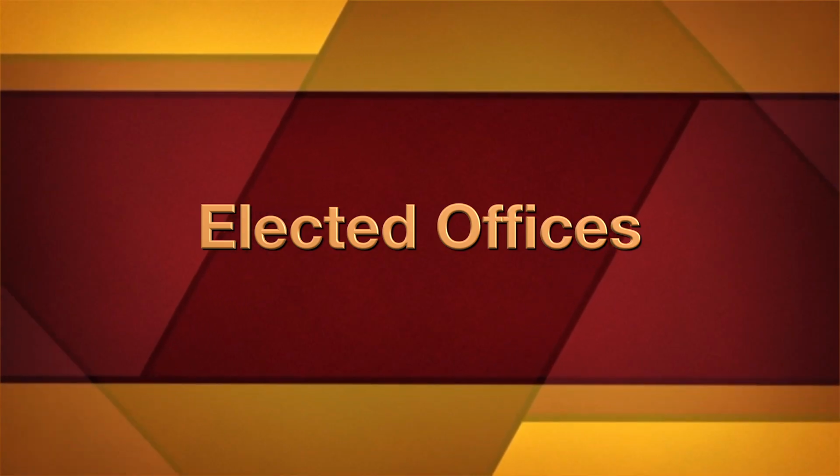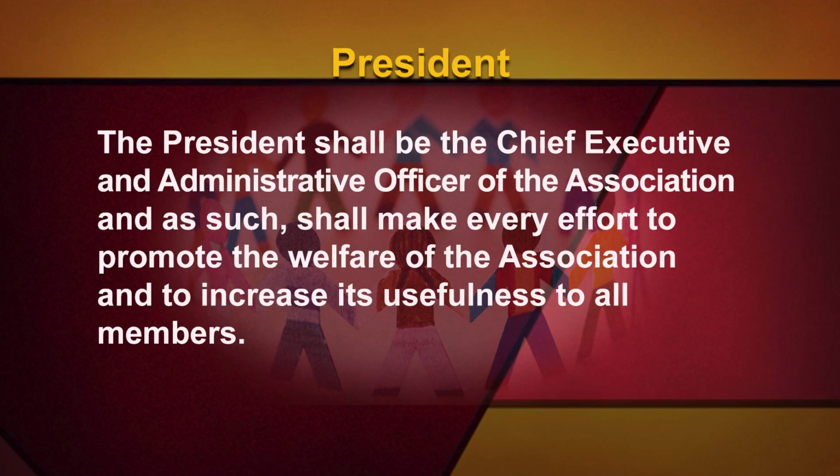Elected offices. President. The President shall be the Chief Executive and Administrative Officer of the Association, and as such shall make every effort to promote the welfare of the Association and to increase its usefulness to all the members. By assignment and delegation, he or she implements the overall program of the chapter.